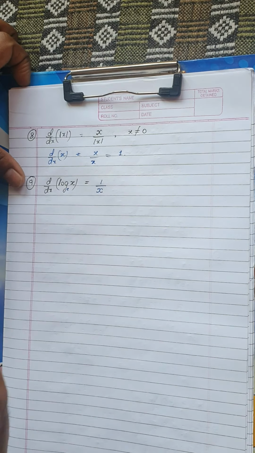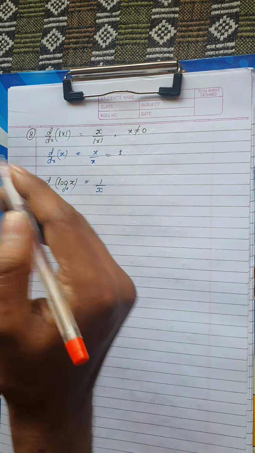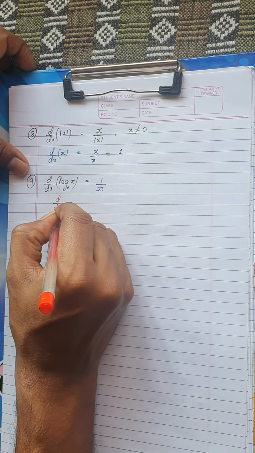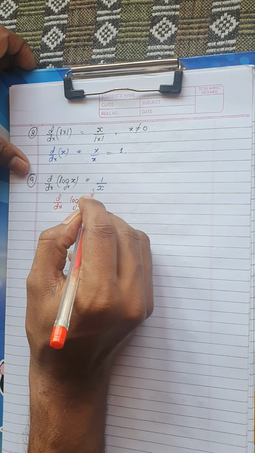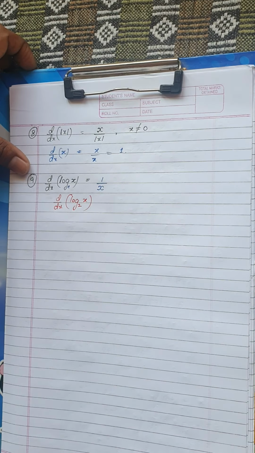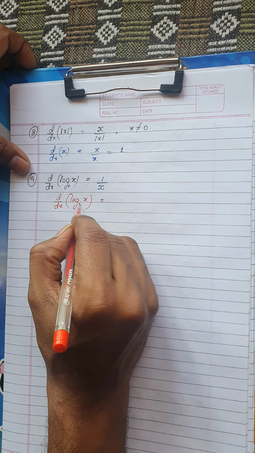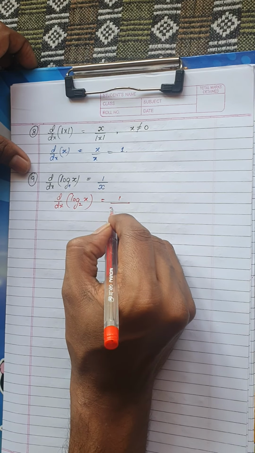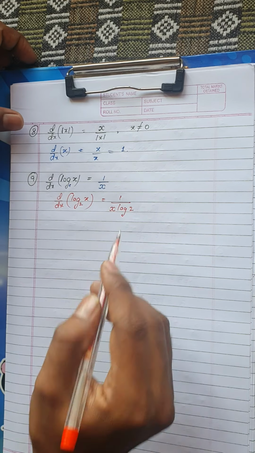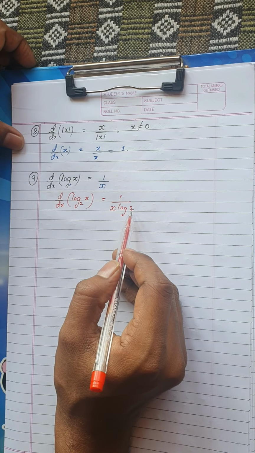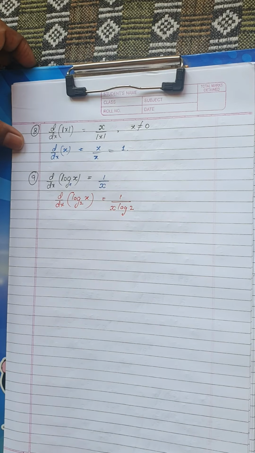In case we have some other base, for example, if I have d by dx of log x to the base 2, then the derivative will be 1 divided by x into log 2. This is nothing but 1 divided by x into log 2.